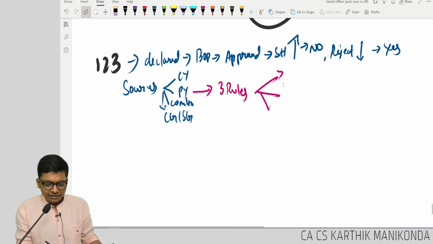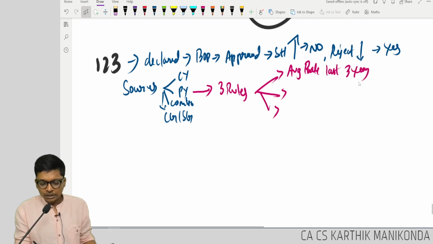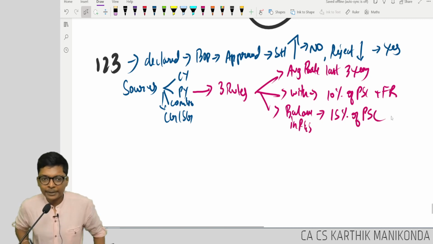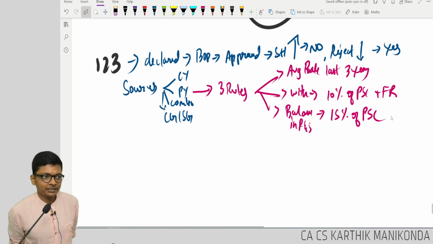Again, what are those? 3 rules. Maximum is the average rate of the last 3 years. Withdraw 10% of paid up share capital, plus the balance after withdrawal should be at least 15% of paid up share capital in reserves and surplus. Are you following, guys?